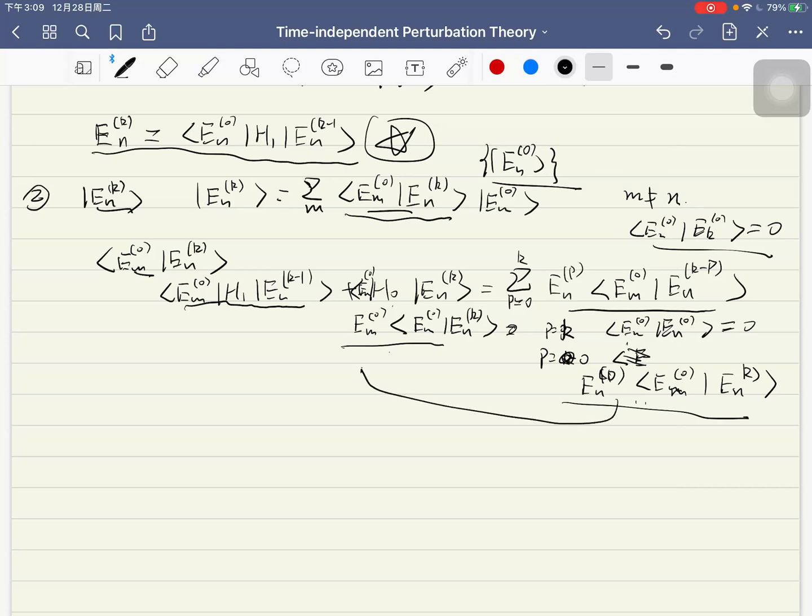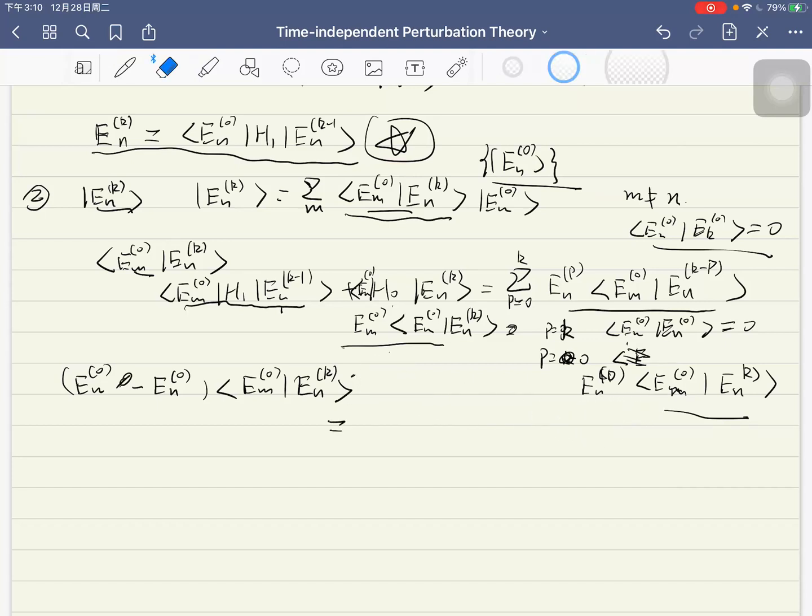We move this to the left, so we have the m0 minus E_n0 nk, and we move this to the right hand side, equals to minus E_m0 H1 E_n,k minus 1.